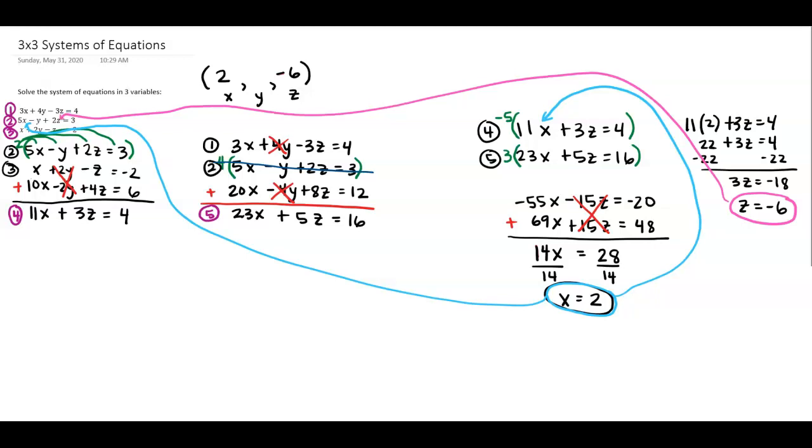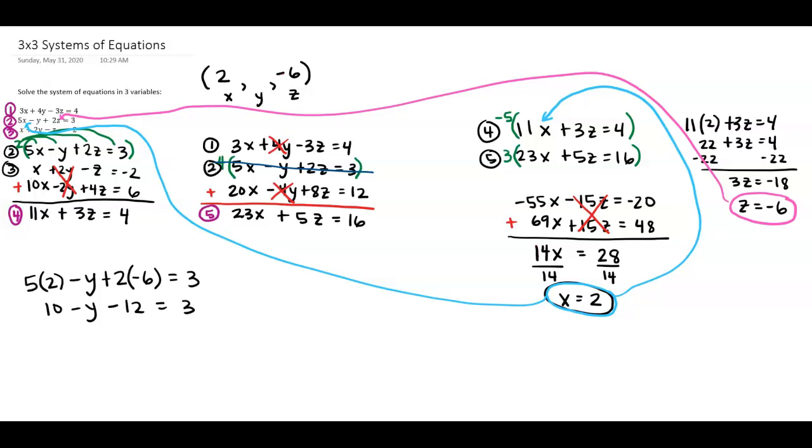All right, so let me write down underneath here what I have. So I'd have 5. In place of x, I'm going to put my 2 minus y. All right, y is the one I don't know yet, plus 2 times z. Z is -6, so times a -6 equals 3. All right, so let's simplify up here. 5 times 2 is 10 minus y. 2 times -6 is -12 equals 3.